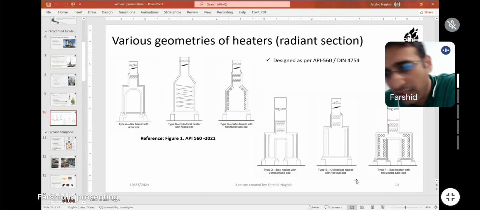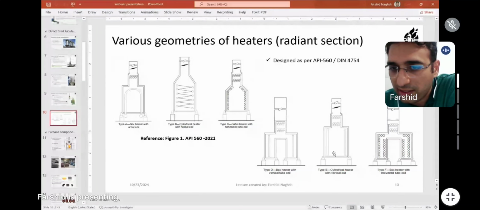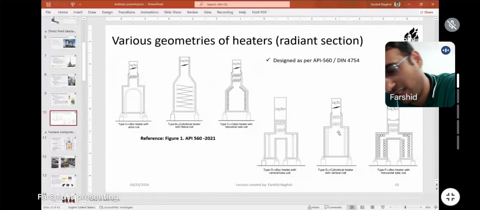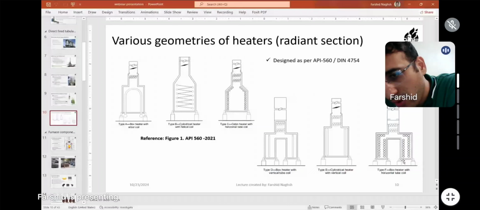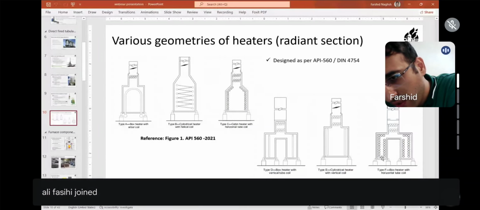So the next one is the cylindrical heater with vertical coils. The cross section you can see as a rectangle, but in 3D it is a cylinder. And the other one, box heater with horizontal tubes. They are the same, but the arrangement of tubes changes. Also, you install the burners between the two tube rows.